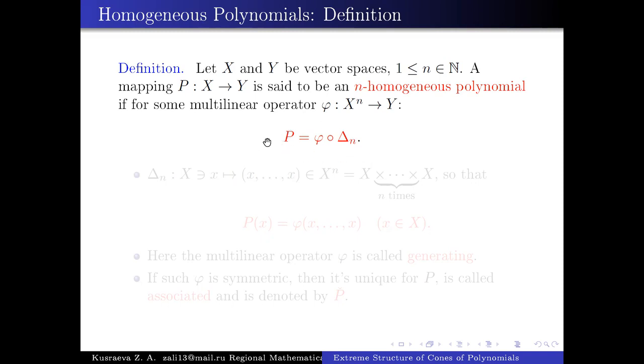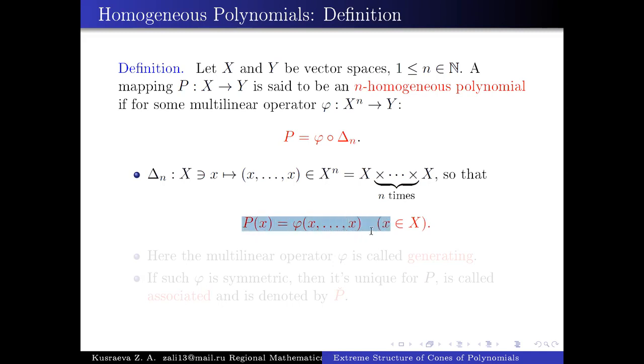the following holds. Here by delta n we denote the diagonal operator. So the polynomial under consideration is represented as follows. This is a homogeneous polynomial.